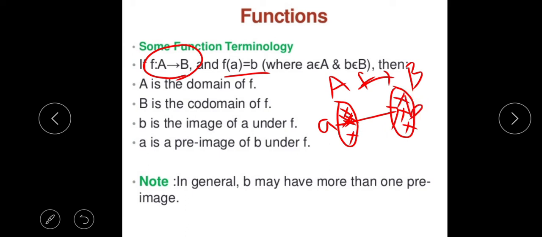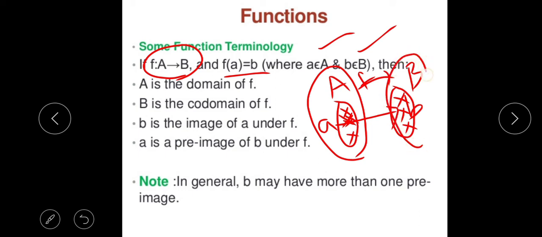It is b, where small a belongs to capital A and small b belongs to capital B. Then A is the domain of f. This capital A is called the domain of the function f. And B is called the codomain of f. This collection B is called the codomain of f.